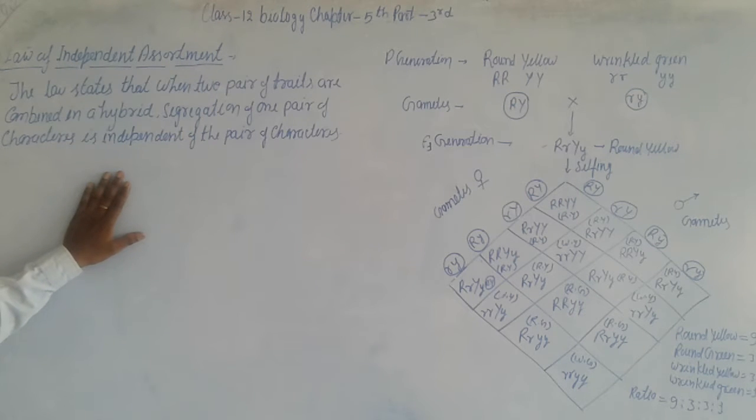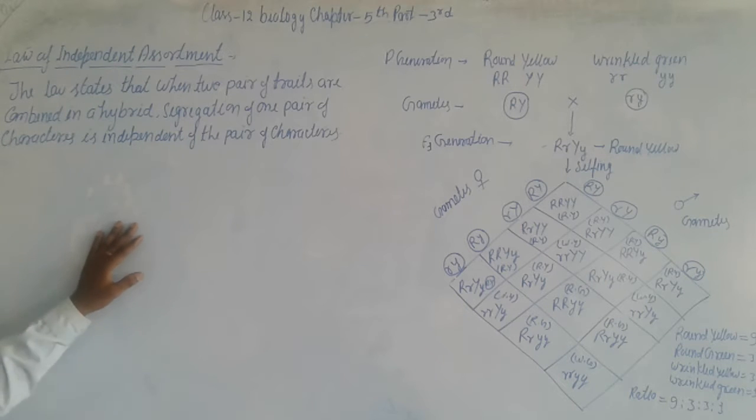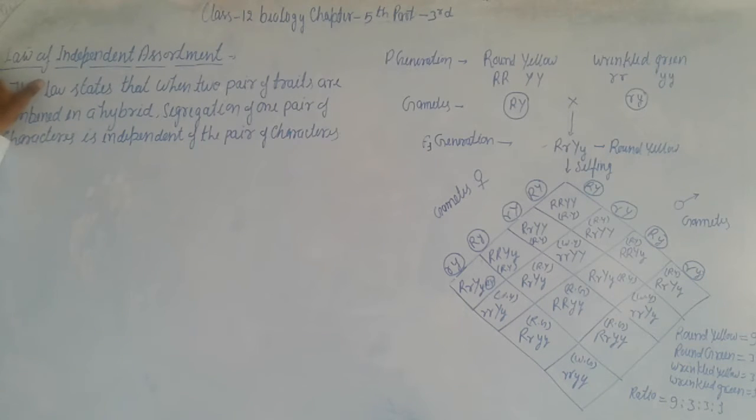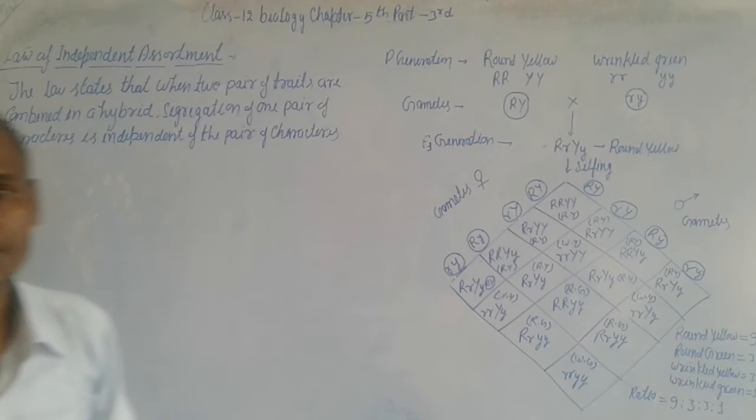We discussed the law of inheritance and the law of segregation in the previous video. In this video we mainly discuss the law of independent assortment. What is independent assortment?